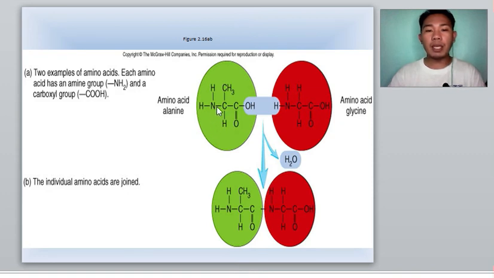So each amino acid has an amine group or the NH2 and a carboxyl group, which is this one. Here, the individual amino acids are joined together by a peptide bond. And during the reaction, it will release water.